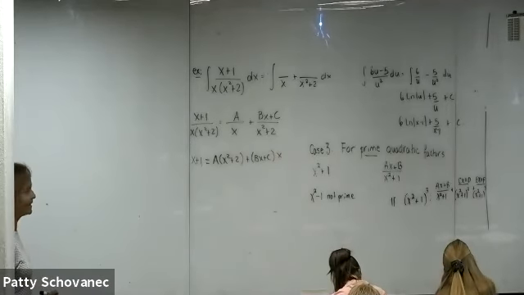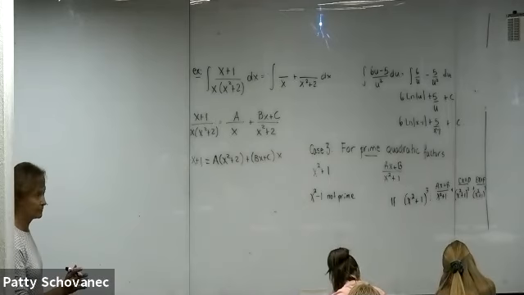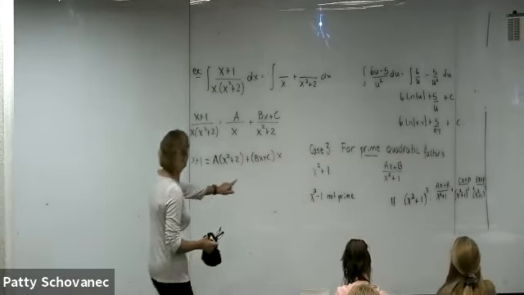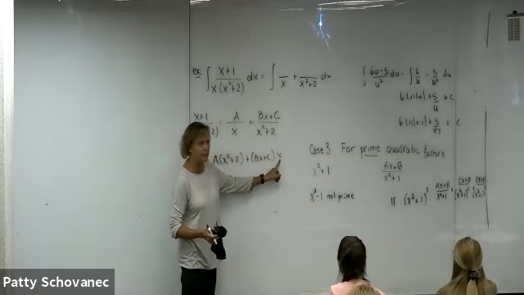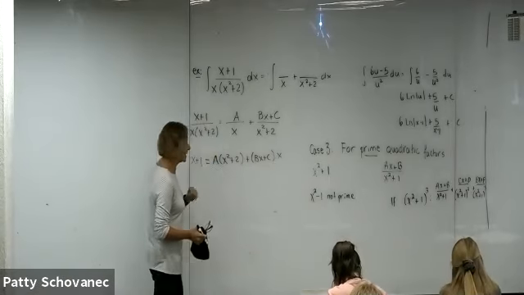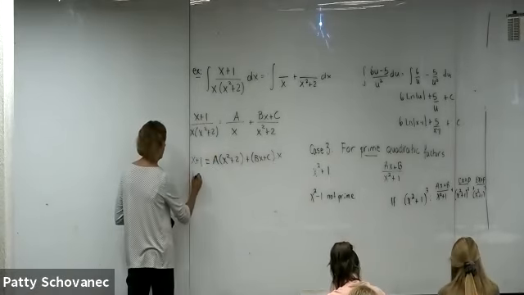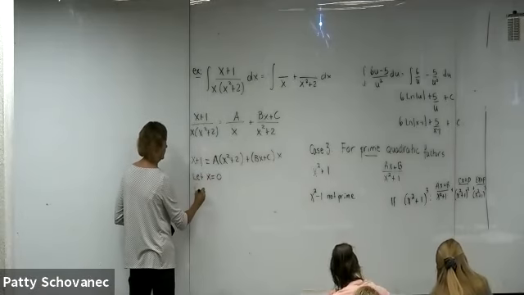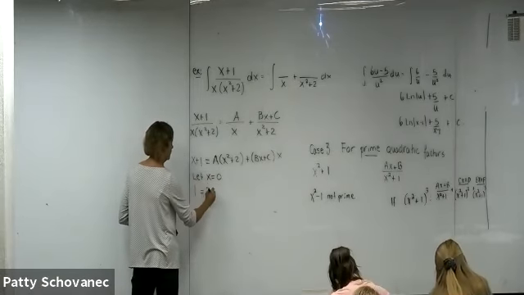So what's a quick way to find a? Yeah, set x equal to 0. If x is 0, both bx and c are multiplied by 0. So if x is 0, we can get a. So there's a 1 over here and 2a over here.